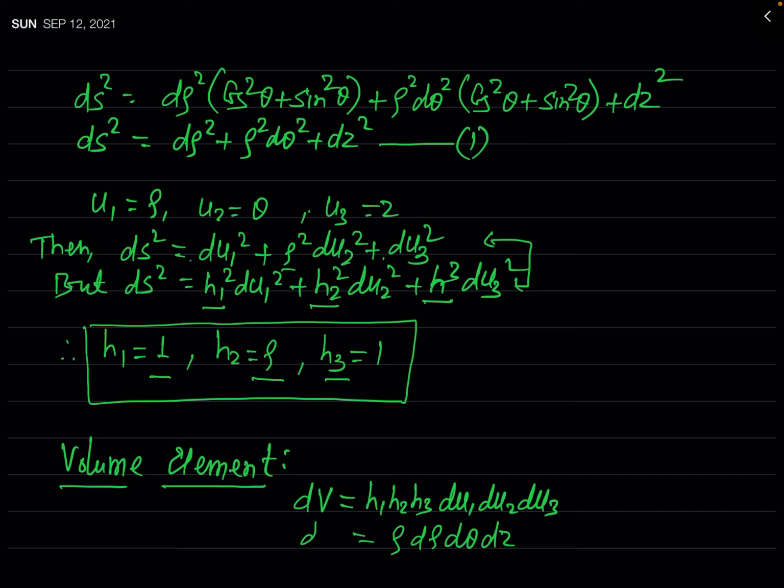So this is the expression for volume element in the cylindrical coordinate system. You can see how easily these things can be calculated if we know the scale factors in that particular coordinate system. Now we will define another quantity, that is the gradient of a scalar function.